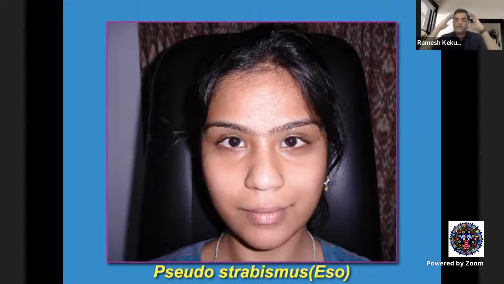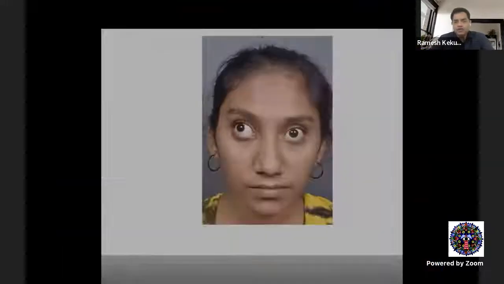Sometimes the patient can have frontal bossing or hydrocephalus, or craniosynostosis with an abnormal skull shape. With that also they can have strabismus. So these are all different aspects we need to see.